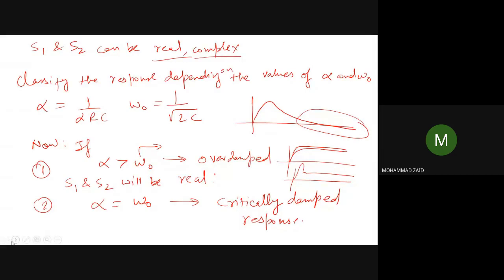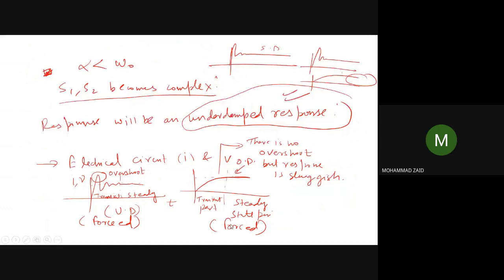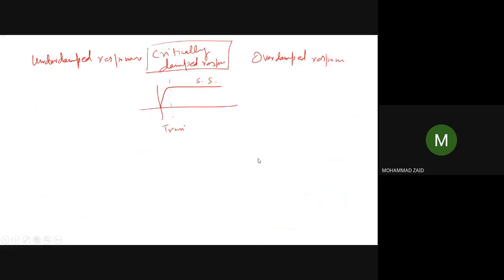So if it is an unforced response, obviously everything will go to zero. Here we are talking about the forced response, in which there is some kind of source connected into the system. So this is also a forced response of an RLC circuit, depending upon whether you are taking current or voltage on the y-axis with respect to time.